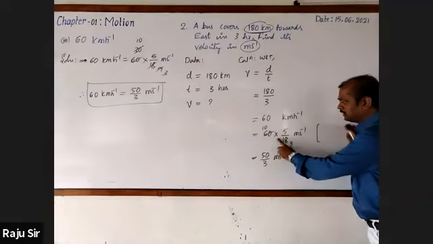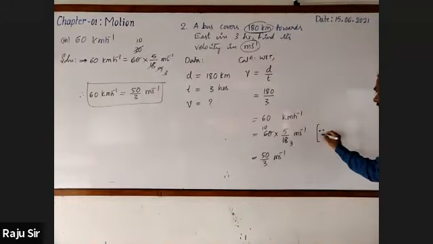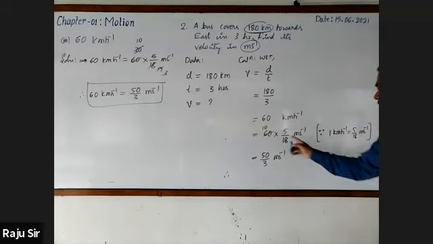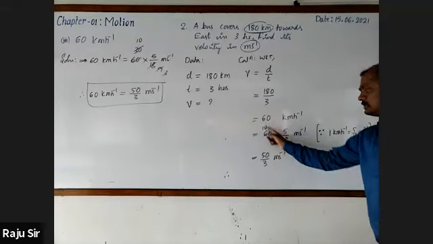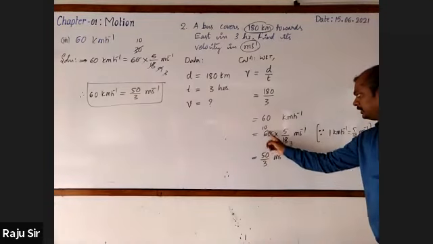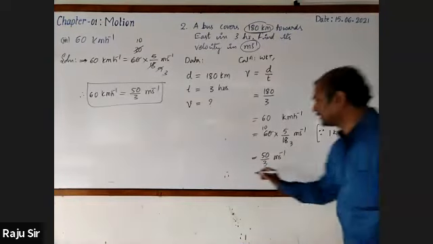Right. 60 into 5 by 18 meter per second. The reason is 1 kilometer per hour is equal to 5 by 18 meter per second. Now cancel. 6 3s are 18, 6 10s are 60. Multiply 10 into 5, 50. Then 3 as it is, 50 by 3 meter per second.